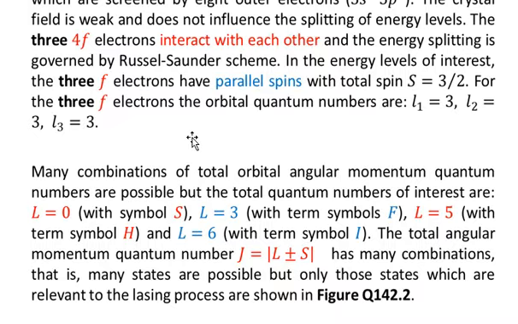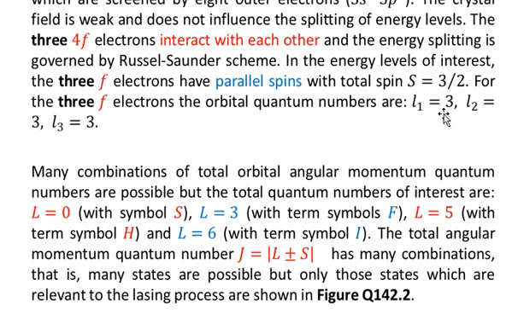The third f electron has L3 equal to 3. And the total orbital angular momentum quantum number will be given by the addition of these individual quantum numbers. For example, you first need to add L1 and L2, and L1 and L2 can be added in the form of a mod, so mod of L1 plus minus L2.